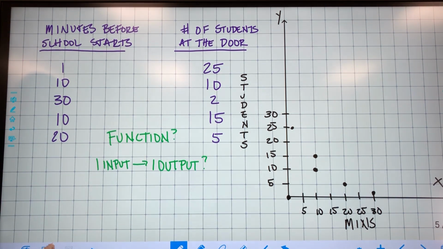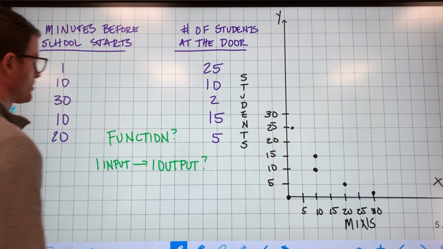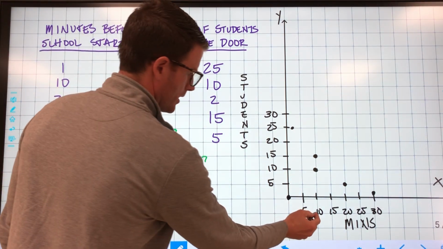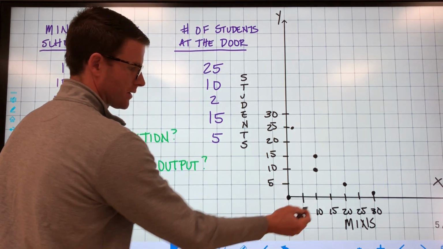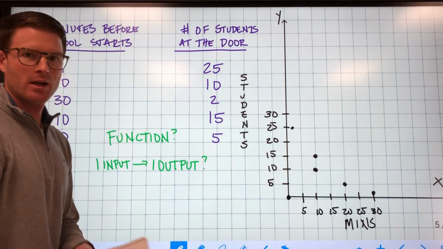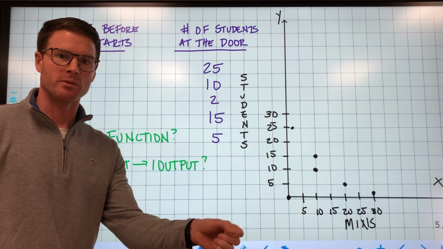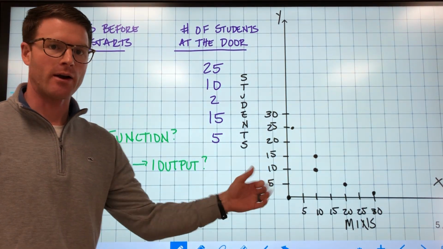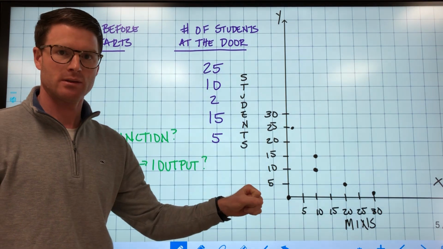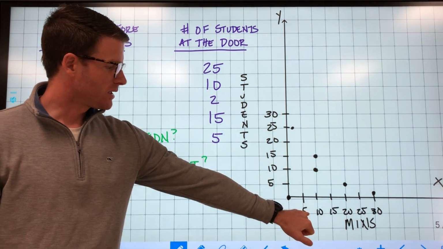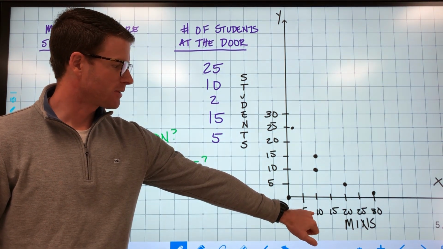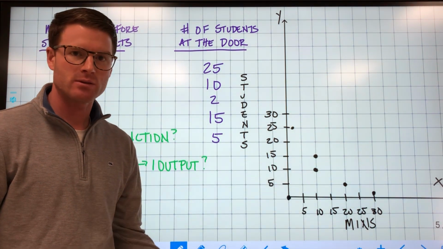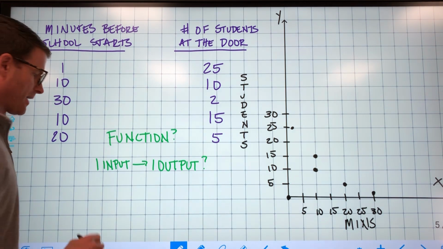So the answer here is no. And the reason being, for the input 10, I get two outputs. There are 2 points. So I don't know. If I hit 10 on the soda machine, do I get a 10 out or a 15 out? I don't know, right? There are 2 options, okay? So since I showed up 10 minutes before school starts and one day there were 10 students waiting and the other day there were 15 students waiting, this is not a function.